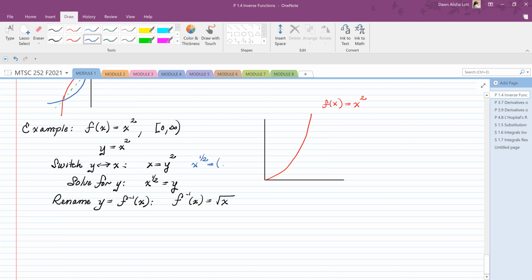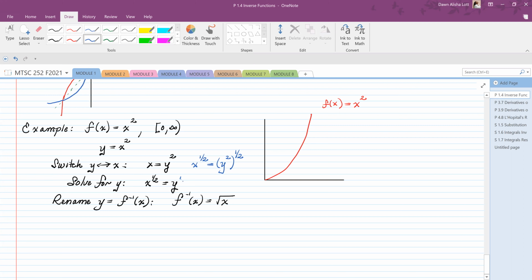And I'm going to take y squared and raise it to the 1/2 power. What do we do with the exponents? When you have an exponent to an exponent, you multiply them. So I get 2 times 1/2, which is y to the first. So I have to take both pieces to the 1/2 power in order to eliminate the square.